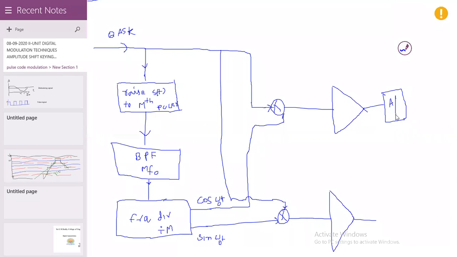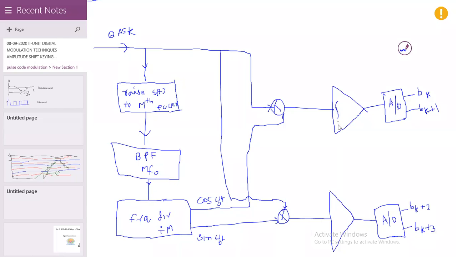Here also an analog to digital converter. Then you will get Vk plus 1, Vk plus 2, Vk plus 3. This is the general integrator.